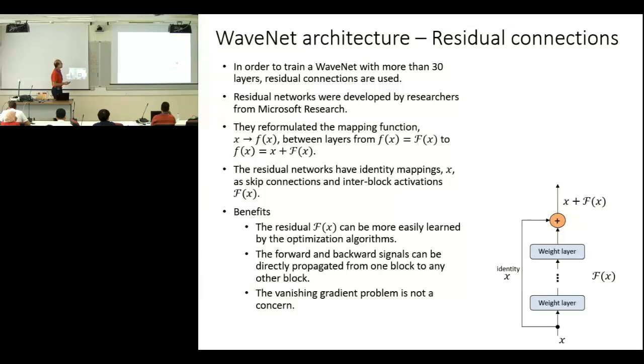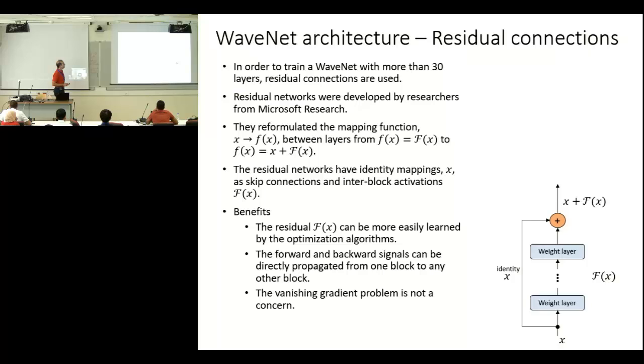And now I will explain the residual connections. What is the use of the residual connections? In order to train a wavenet with more than 30 layers, residual connections are used. Residual networks were developed by researchers from Microsoft Research.